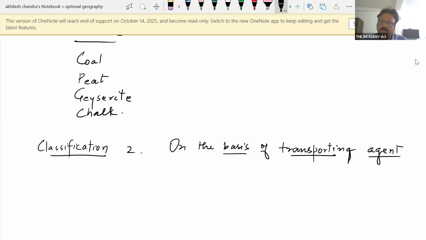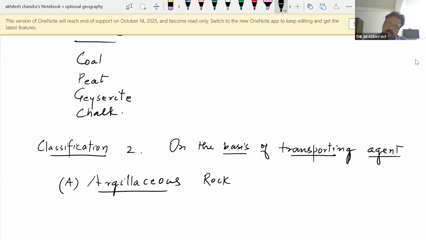The first group is argillaceous rock or aqueous rock.